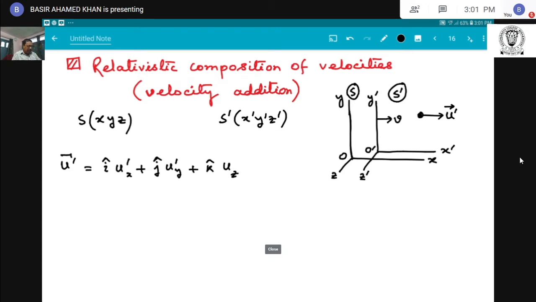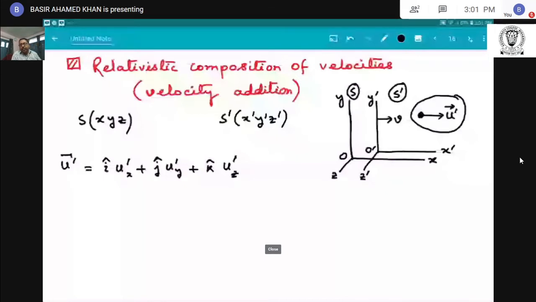Let a particle be moving with a velocity u dash relative to S dash frame. Then we can write the u dash vector equal to i u x prime plus j u y prime plus k u z prime. We want to determine the velocity u of the particle with respect to S frame.